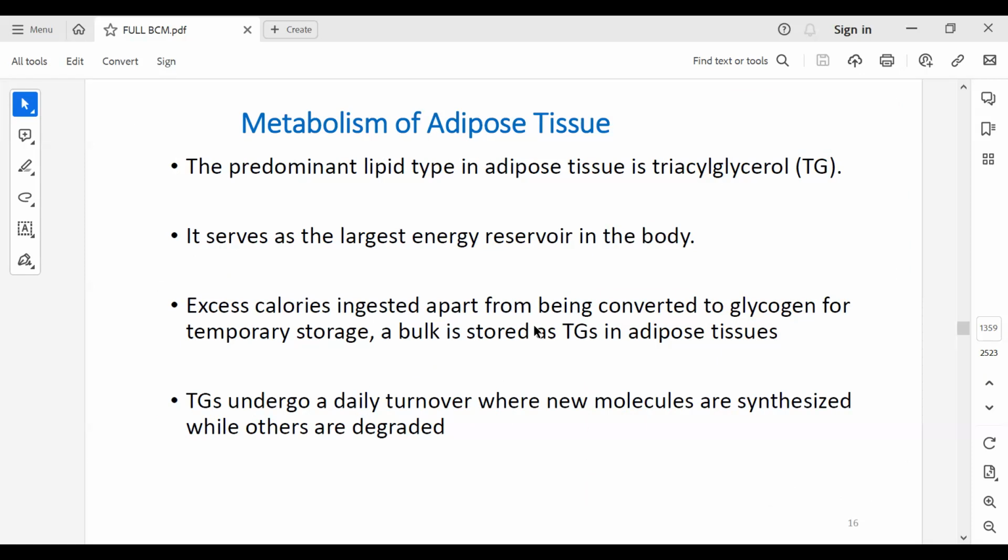So adipose tissue is the storage for triglycerides. It also serves as the largest energy reservoir for the body. Excess calories are also stored here.